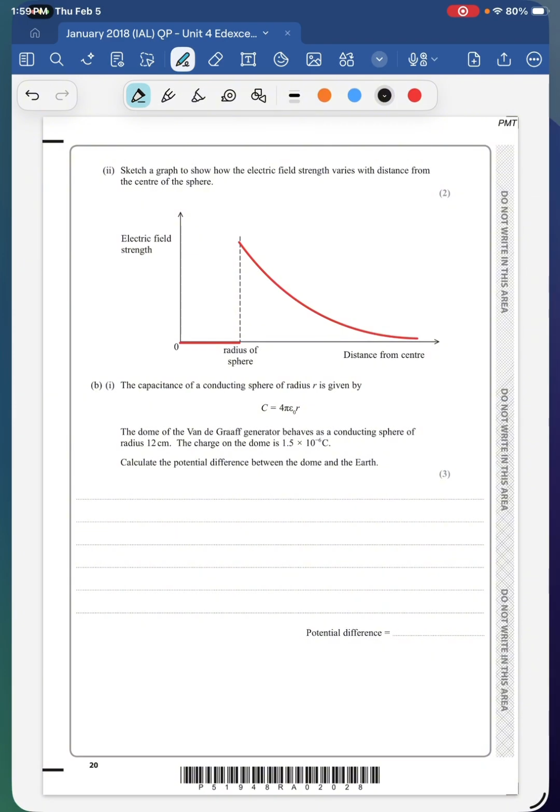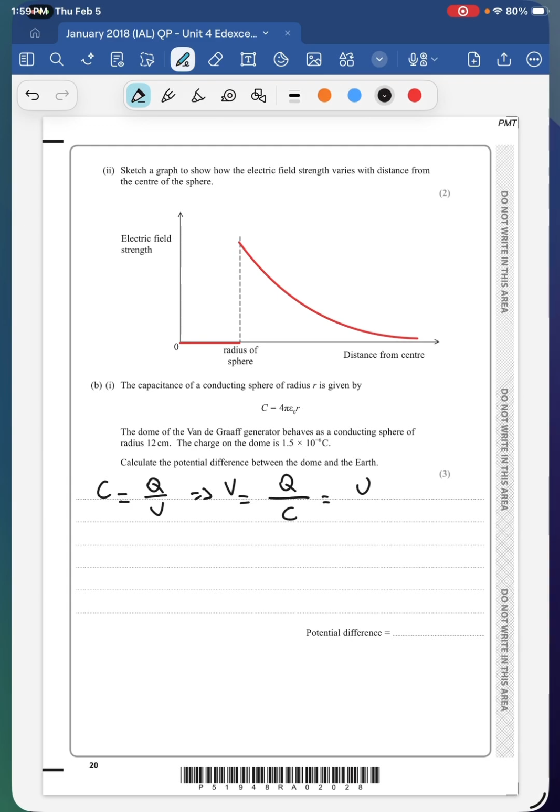Calculate the potential difference between the dome and the Earth. So there are multiple steps in this. So first of all, we can use that C is Q over the voltage, right? So the voltage is Q over C.